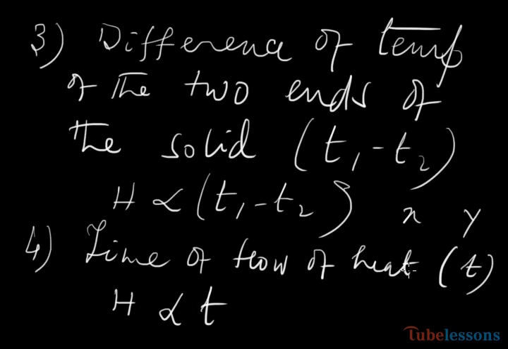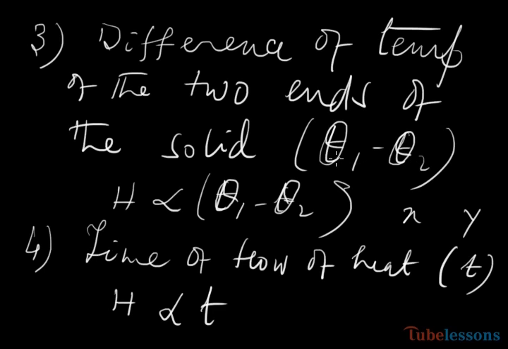As the time of flow of heat is taken as T, the difference of temperature of the two ends of the solid may be taken as theta 1 minus theta 2. I am rectifying it. Theta 1 is the temperature of one end and theta 2 is the temperature of the other end.